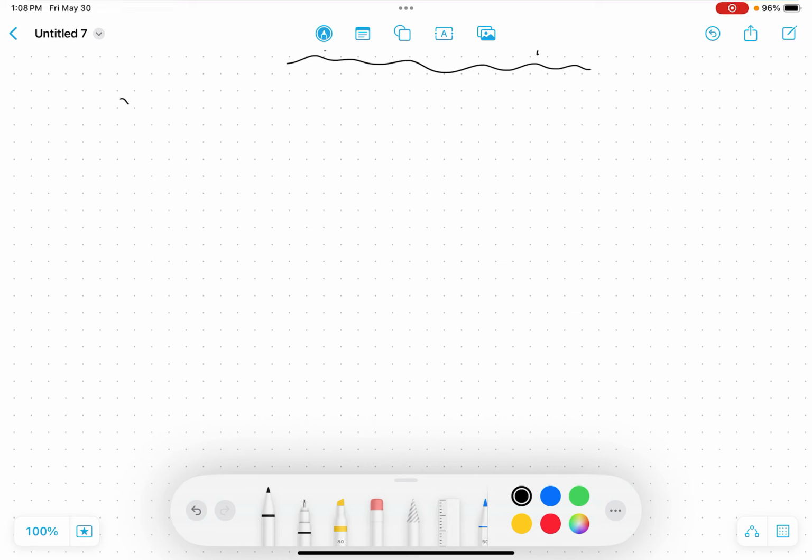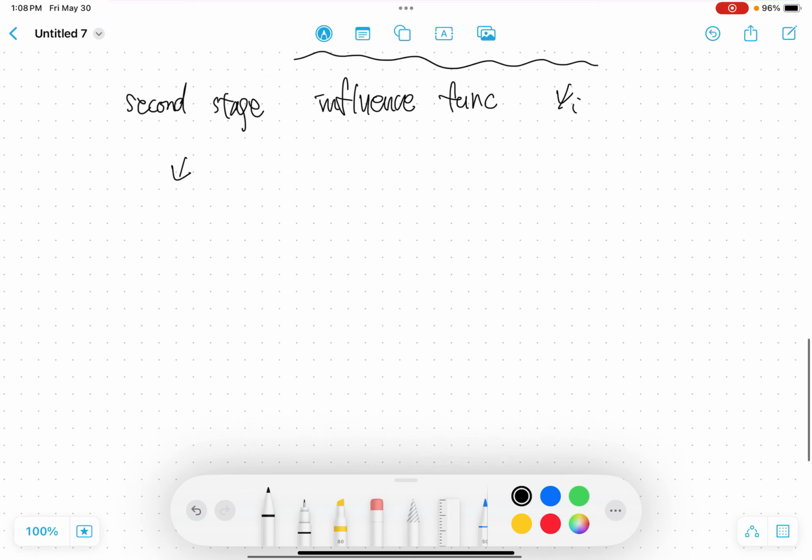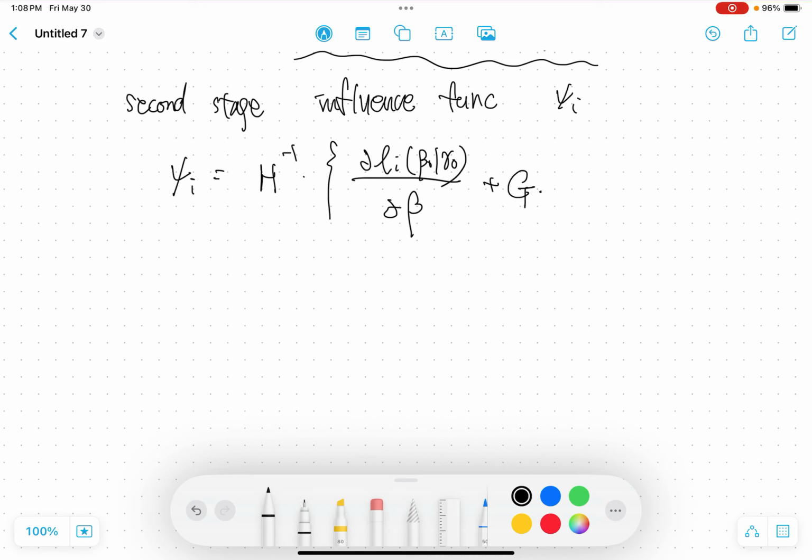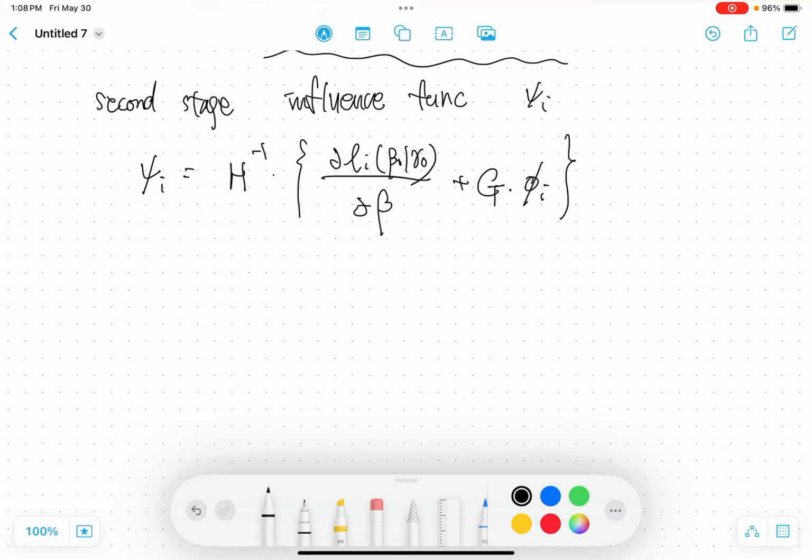So as a result, the second stage influence function psi takes this form. We learned it in class. H inverse times the first derivative with respect to beta of the criterion function plus G times the first stage error, like the influence function, I mean, right?